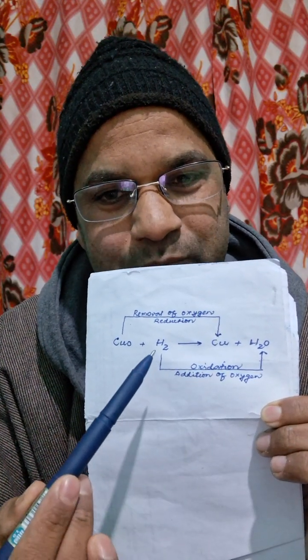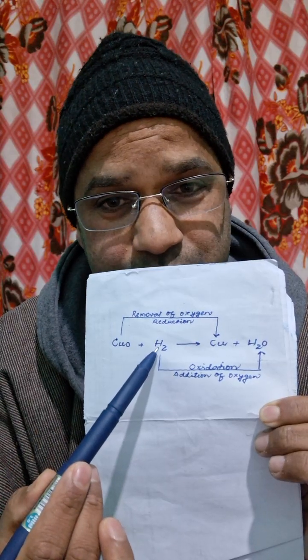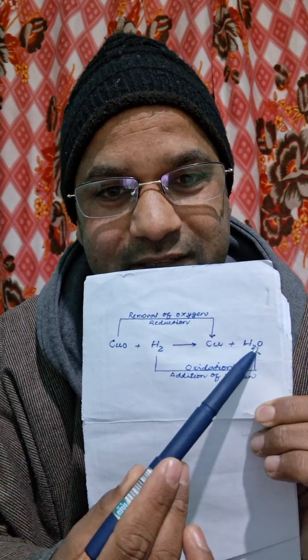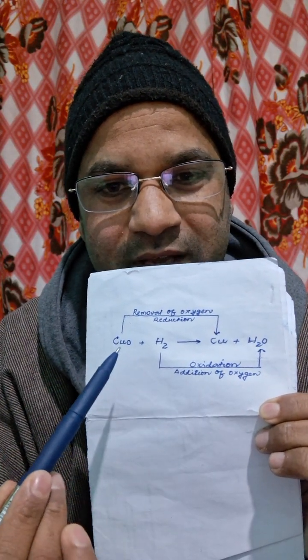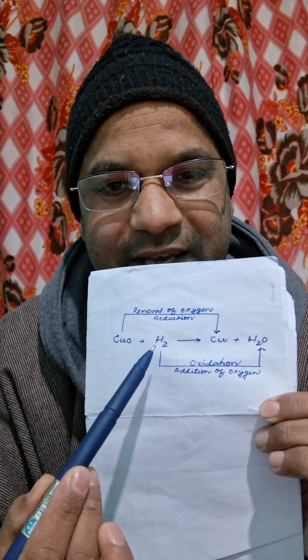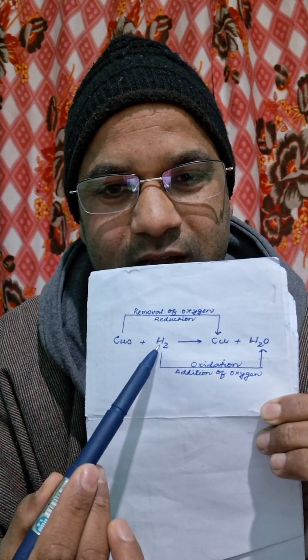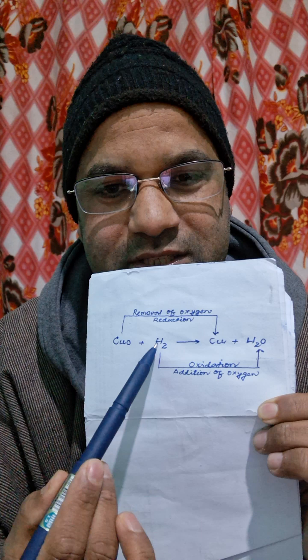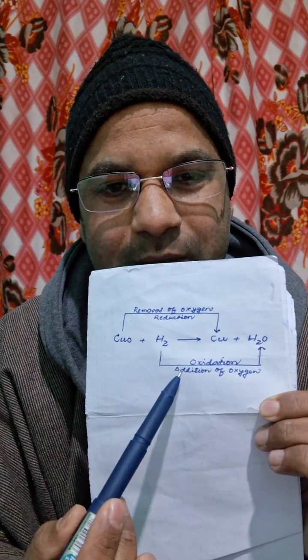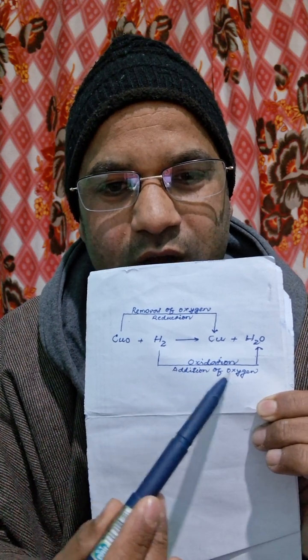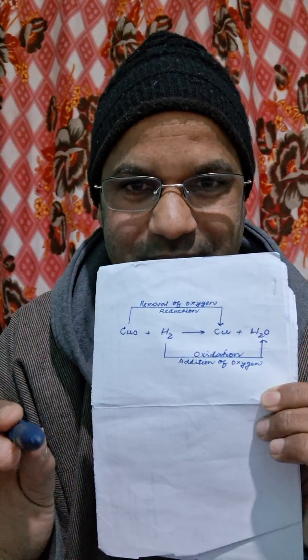So we can say in this H2 oxygen has been added. That oxygen has been taken from this copper oxide. In a nutshell, oxygen has been added to this H2. यहाँ पे मैंने लिखा भी है, there is addition of oxygen or oxidation.